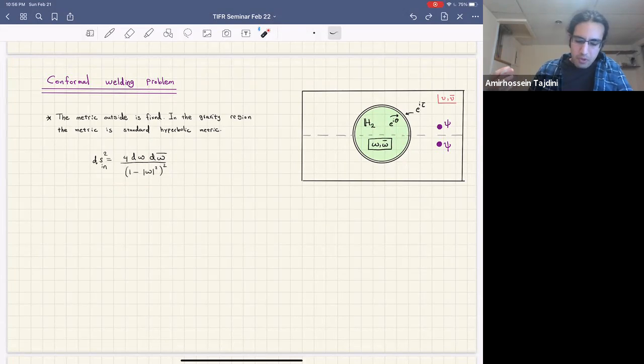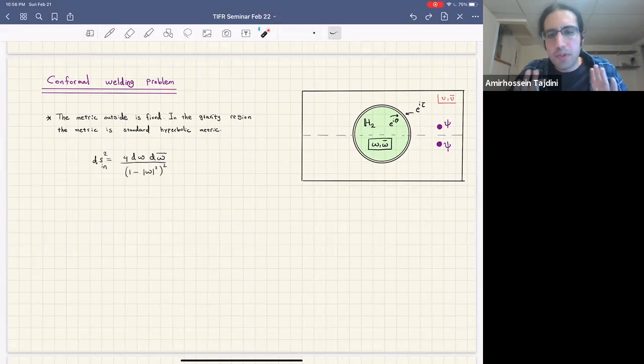The problem of conformal welding is how you do this gluing when theta, which is the boundary of the gravitational region, versus tau, which parameterizes the boundary of the non-gravitational region, has a non-trivial relation theta of tau.